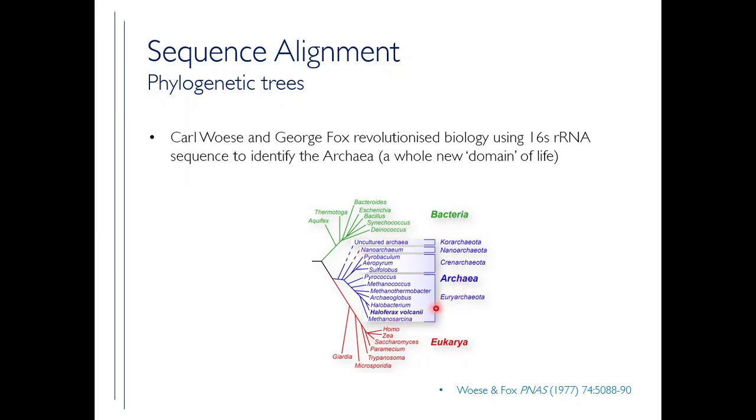But as I told you earlier, that's the current thinking. This was the 1970s. The current thinking is that the eukaryotes actually belong from within the archaea. So it is changing, but hopefully you can appreciate that by comparing sequences of different organisms and indeed species, we can conduct analysis to create a phylogenetic tree.